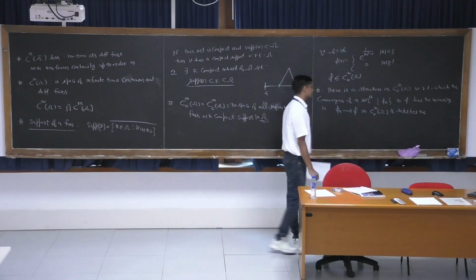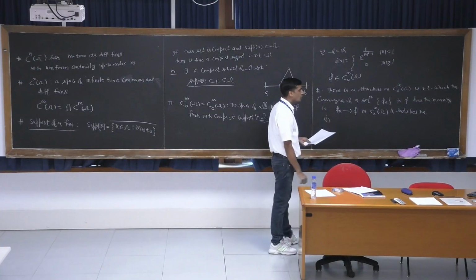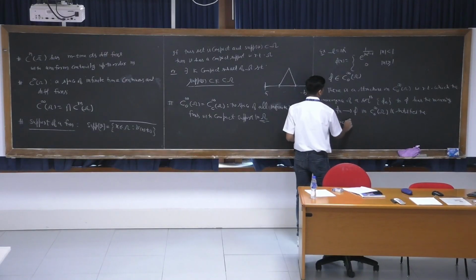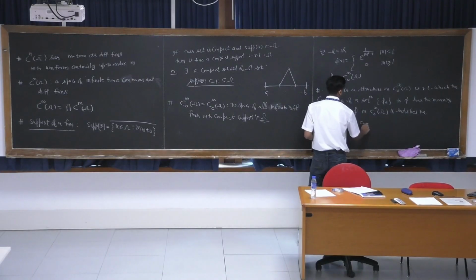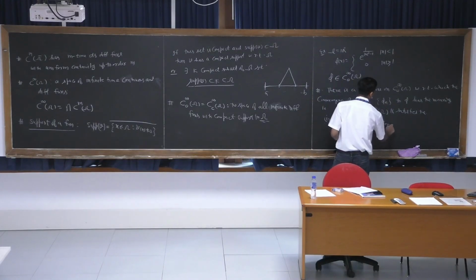This means phi in the C0 infinity space satisfies some properties. Number one, there is a common compact set.